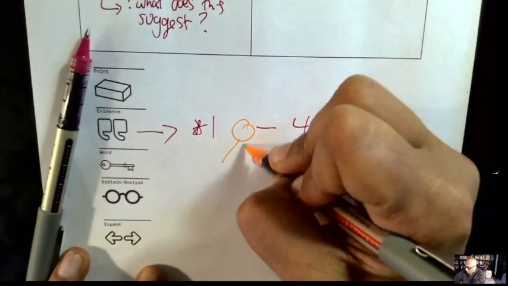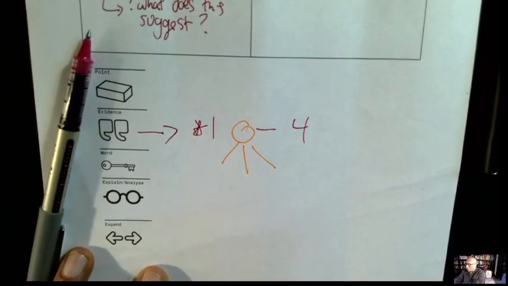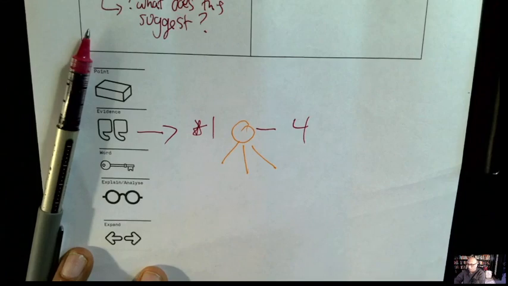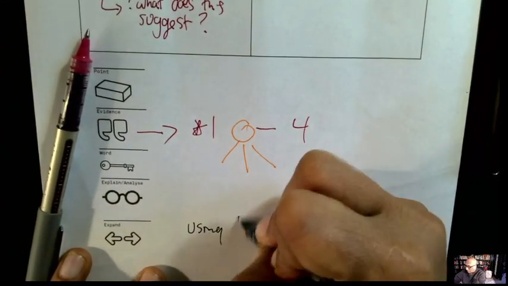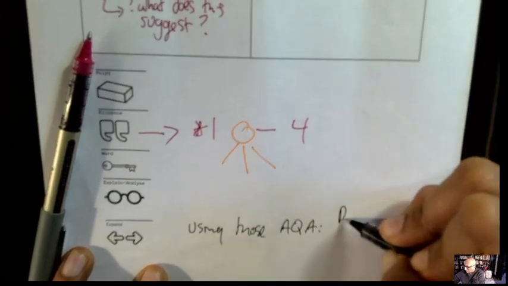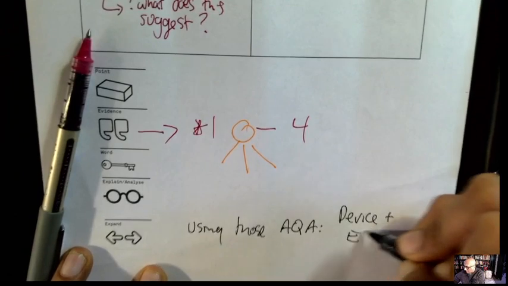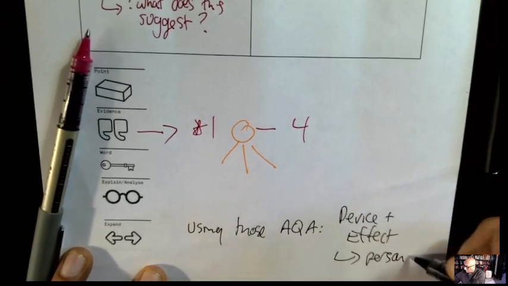You can zoom in to keywords and squeeze that lemon. That's analysis. You can explain, of course. You can expand by using those AQA questions. You can think about device, effect, and you can think about personal response.